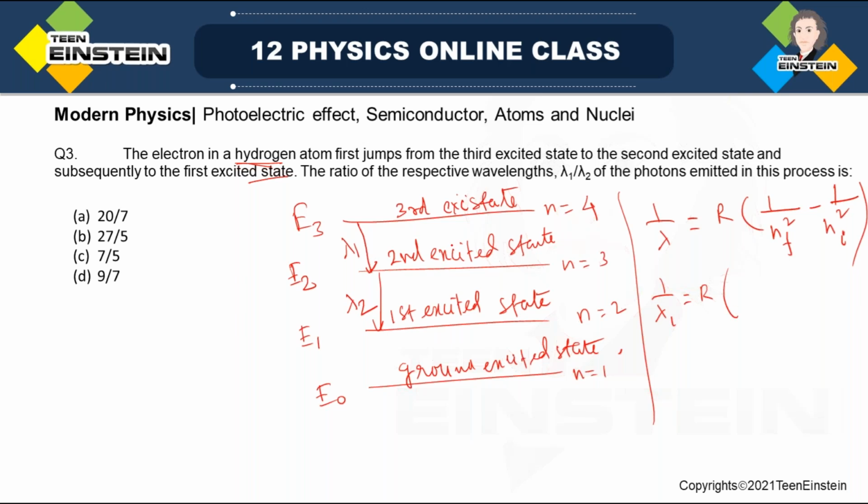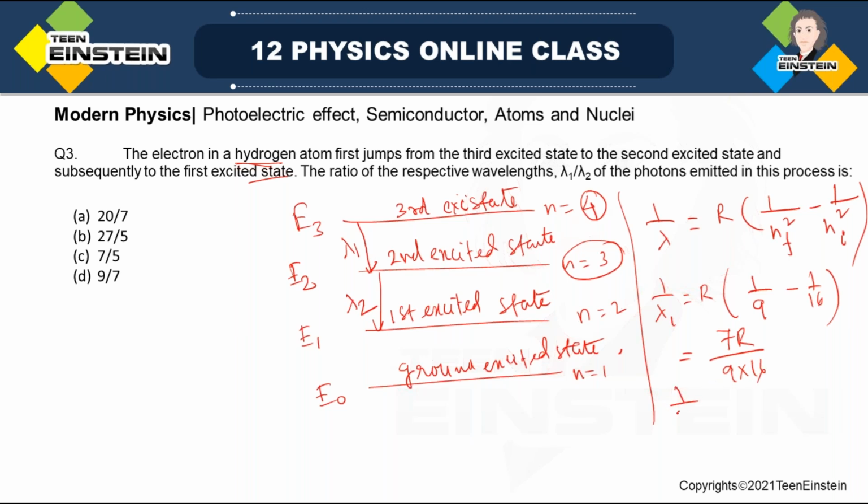What is the final state? n is equal to 3. So 1 by 9 minus, coming from the initial state, 1 over 16. So it will be 7R by 9 into 16.